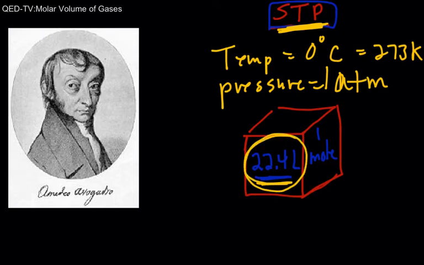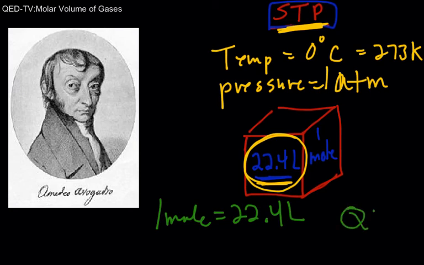That is what we call the molar volume of gases. That'll be an important thing to use for a conversion factor. You'll be able to write 1 mole equals 22.4 liters. Now, of course, you'll only be able to do that for gases, not liquids and solids, only for gases, and only if the conditions are standard temperature and pressure. Hope that makes a little bit of sense.